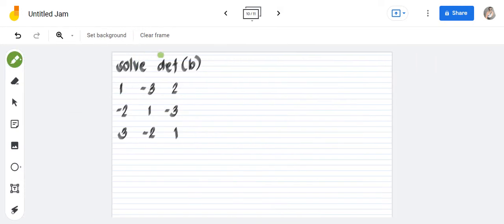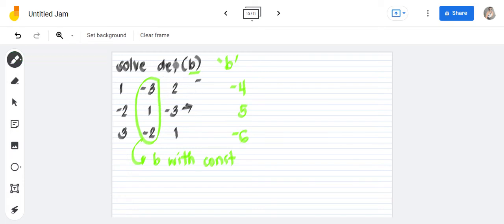Next, for B, this is to solve for the unknown B. We can do that by substituting the column representing the unknown with our constants, and our constants are negative 4, 5, negative 6.